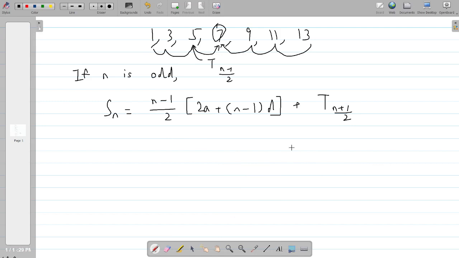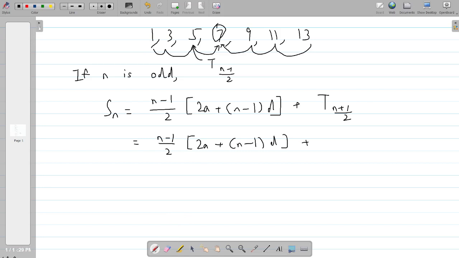Okay, so we're going to have to do a bit of algebra here. Let's expand out that (n plus 1) over 2 term first, so we can see what ends up coming out of it.